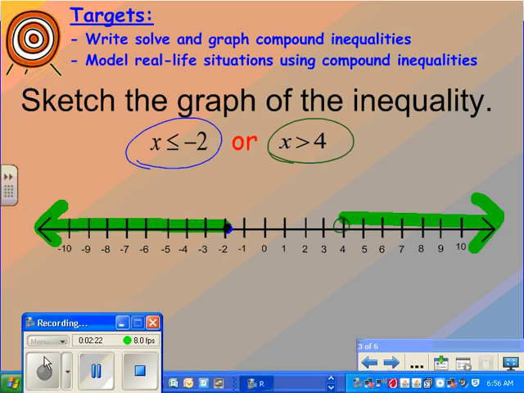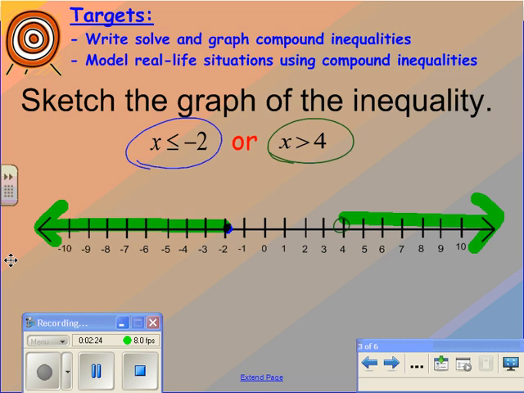Okay, now just to show you the difference between an and an or statement. With your and statement, the solution had to be true for both of your inequality statements. However, with the or statement, it has to be true for one or the other. So for instance, on this side, let's take negative 6. If I put negative 6 into my first inequality, I still have a true statement. Therefore, all the solutions to the left of my point negative 2 are valid because they are all less than negative 2.